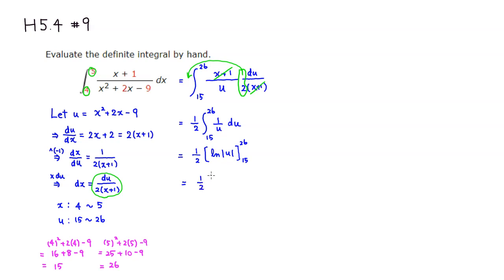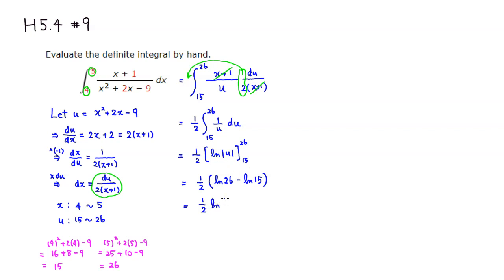So this is going to be equal to 1/2, and then you plug in the top number first: natural log of 26 minus natural log of 15. If you want, we can write it this way: subtraction outside the log, using a log property, can be written as division.